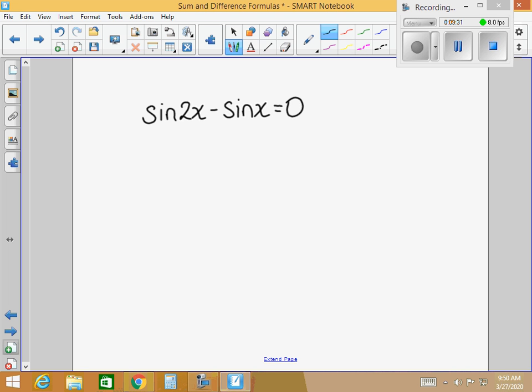And we know from before, if we were going to have something that was different, it was maybe a sine x and a cosine x, or a secant squared and a tangent of an angle. But if I have sine 2x and a sine 1x in my problem, I can't combine them together in any way.